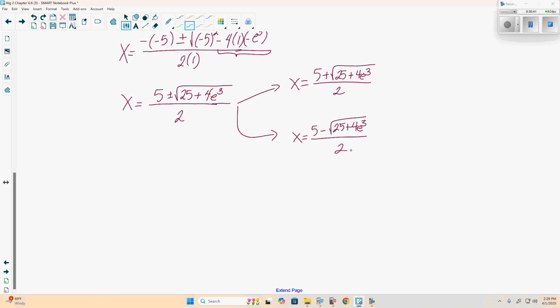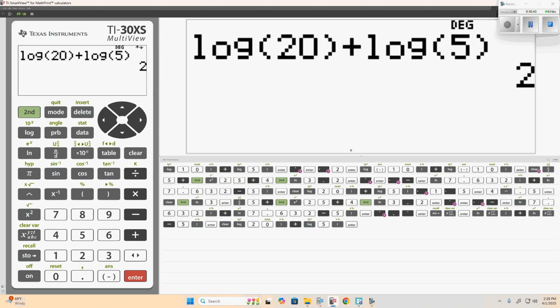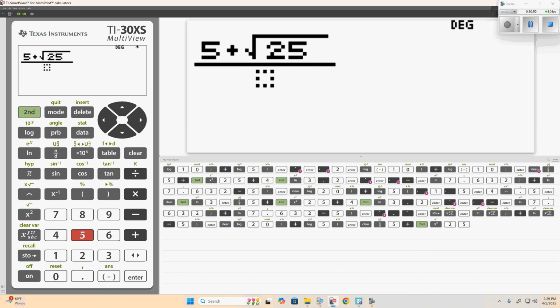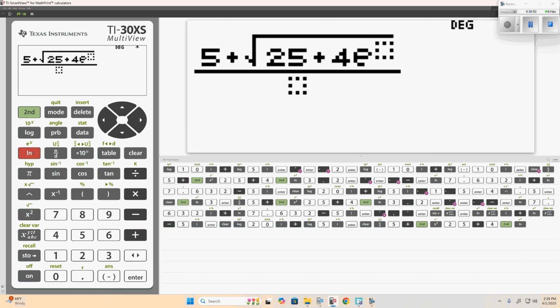And this is where the calculator comes in, because now we can just throw all this in. 5 plus the square root of 25 plus 4. To get e, we use the ln button. E to the x, e to the third.